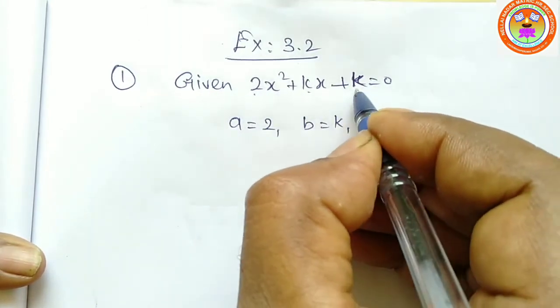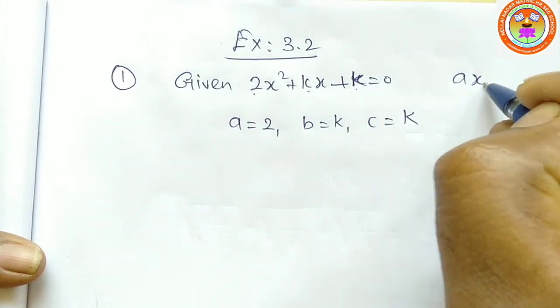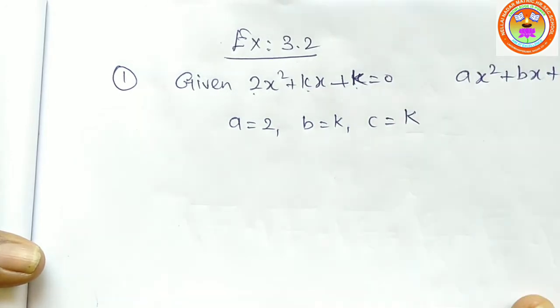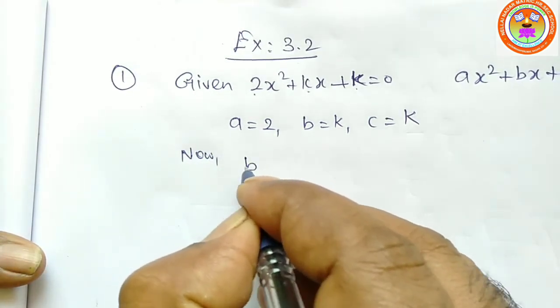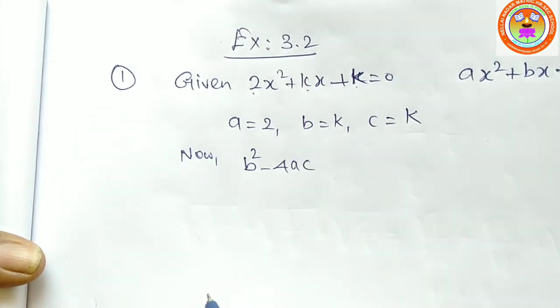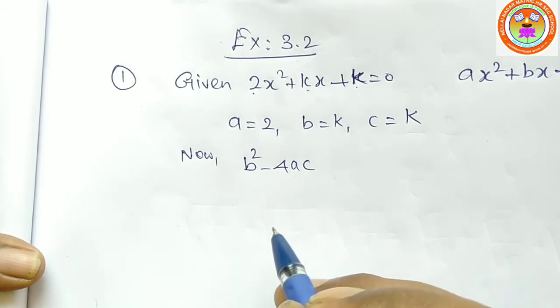The reason is the quadratic equation is in the form ax square plus bx plus c is equal to 0. Now we are going to find the value of b square minus 4ac.